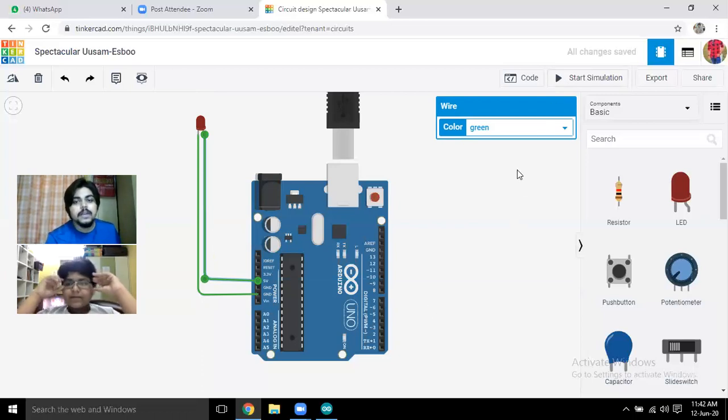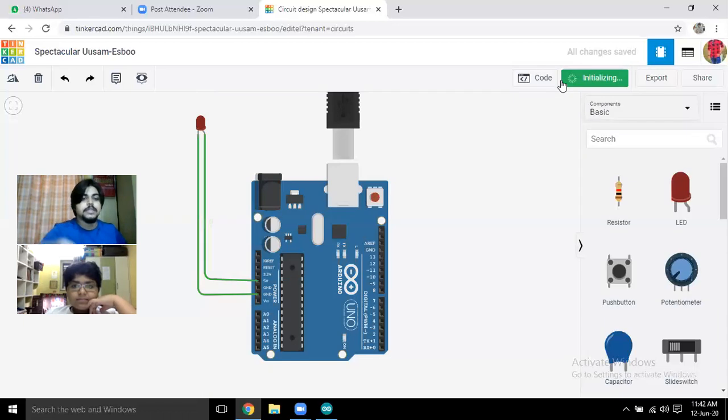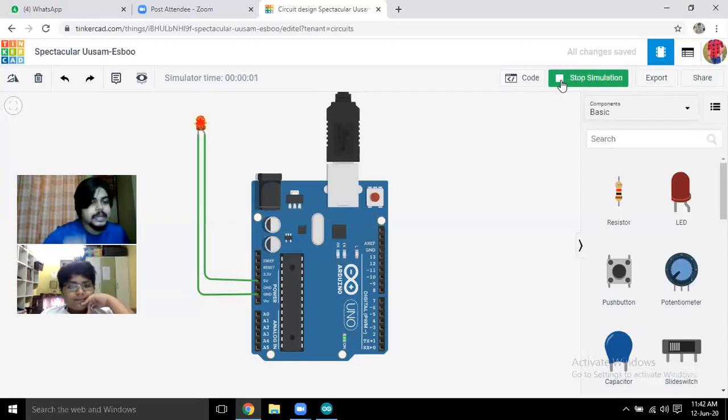Now, after doing the connection, what we do? We do the coding. But I will be coming to code. First of all, after doing the connection, we go to start simulation. See, it's being initialized. And see, the LED is glowing. Why is the LED glowing?